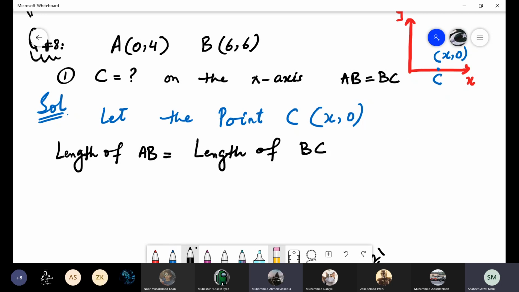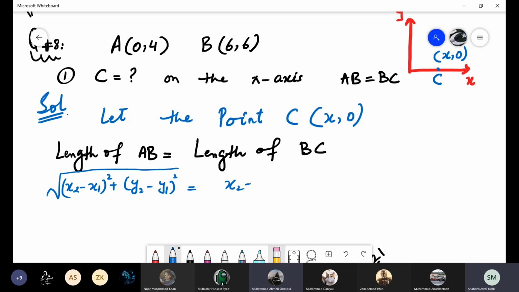The distance formula. Yes, very good. Muhammad Ahmed, you have to solve this question. Kindly solve it with me. I will help you. What is the distance formula? The square root of x2 minus x1 whole square plus y2 minus y1 whole square.